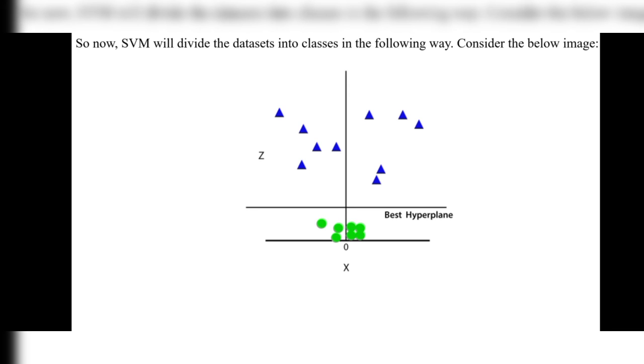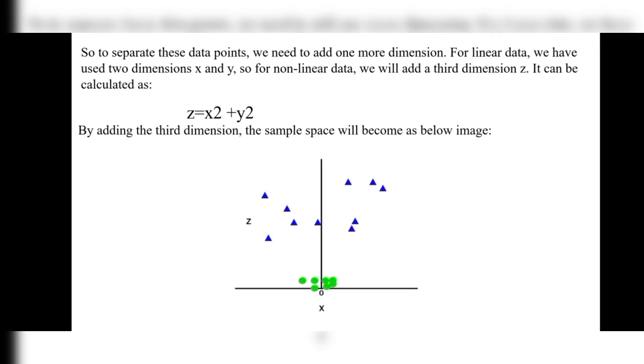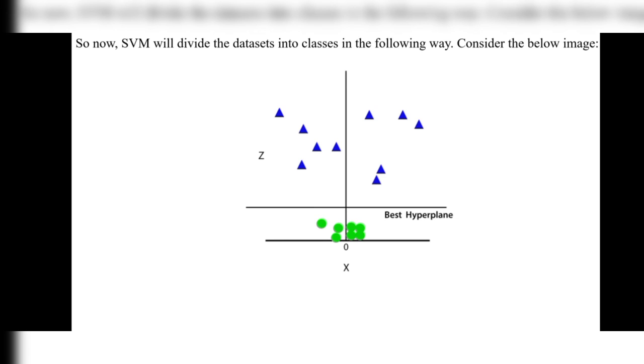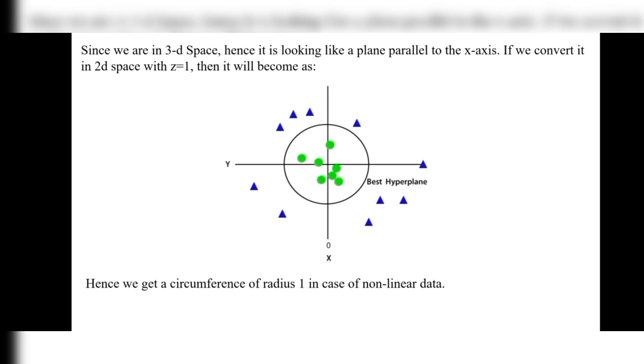Now SVM will divide the data sets into classes in the following way. Consider the image below. After getting this image, we segregate the data by drawing the best hyperplane. Since we are in 3D space, the hyperplane looks like a plane parallel to the x-axis.